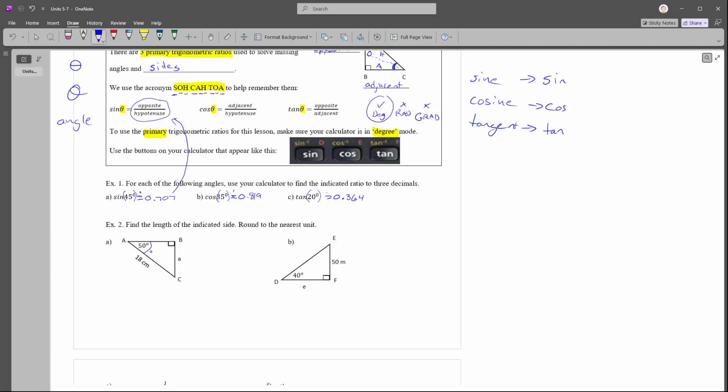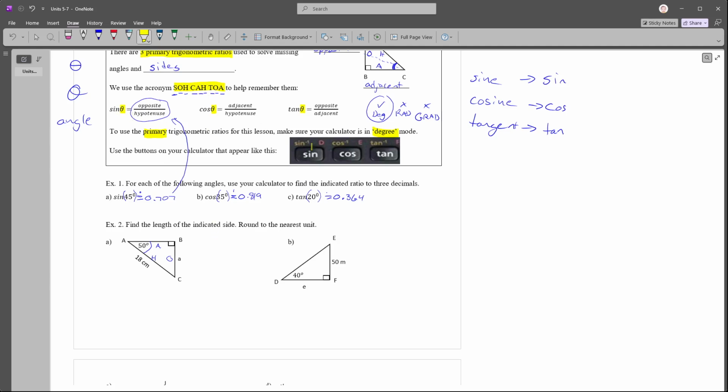Now I want to label my triangle in terms of opposite, adjacent, hypotenuse. I know the hypotenuse is always opposite of the 90 degrees. The opposite is always the side that's opposite of our reference angle. So that would put it over here. And that means that this is the adjacent. So now I have to look at the information given and say, what operation should I choose?